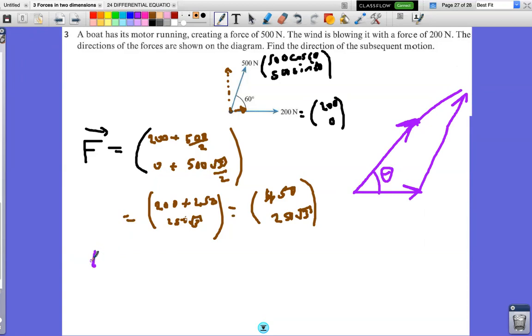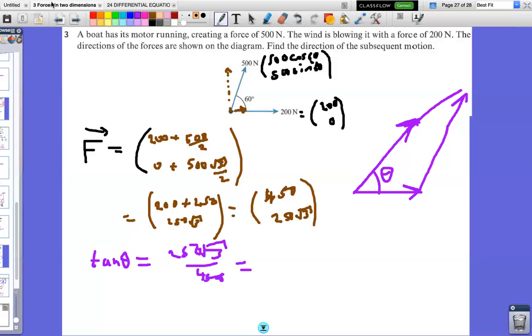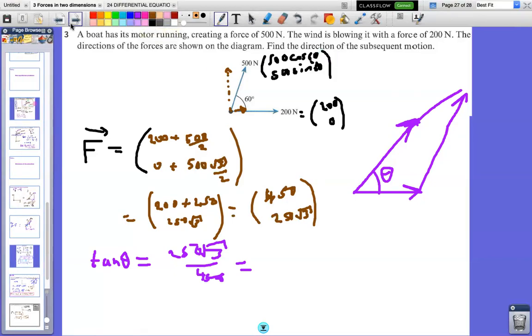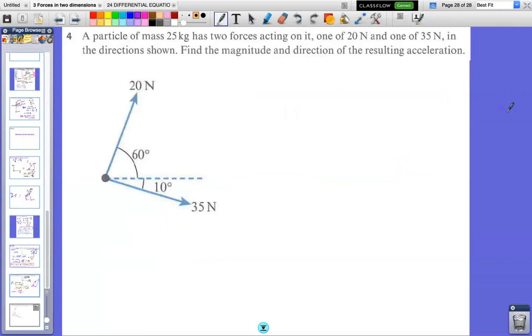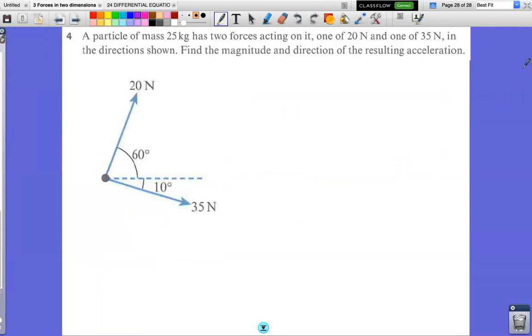So just tan theta will be 250 root 3 divided by 450. And so we can calculate theta, right? So this shows how we can use the component method to determine these directions. This should be the last question I will solve today.